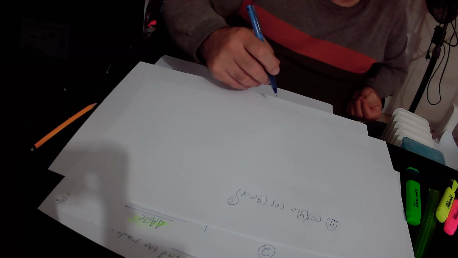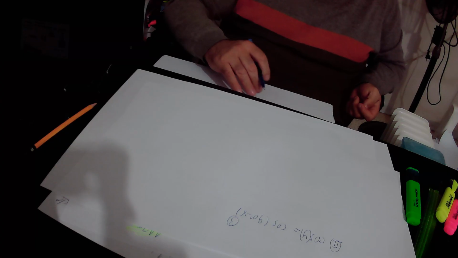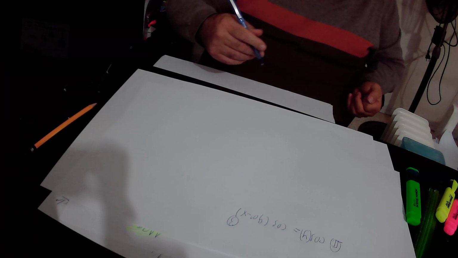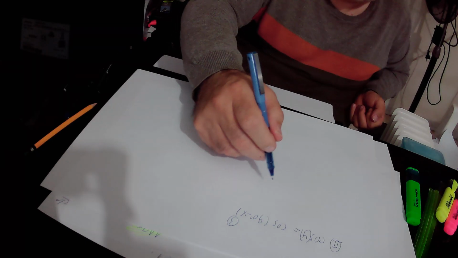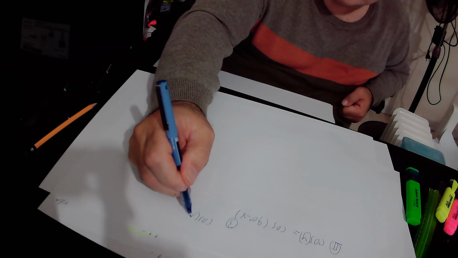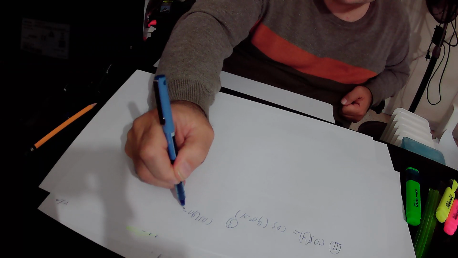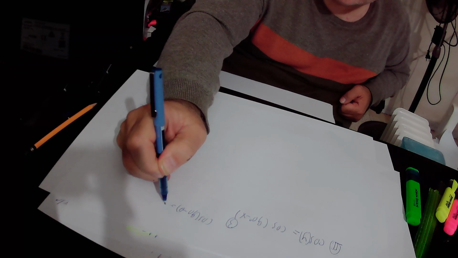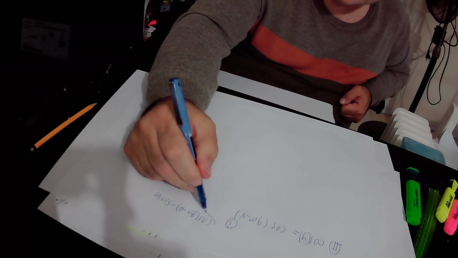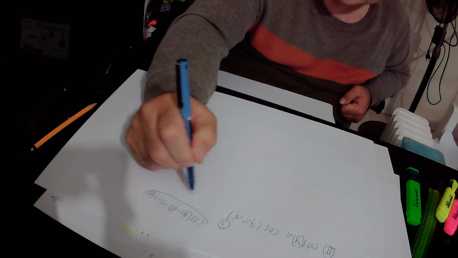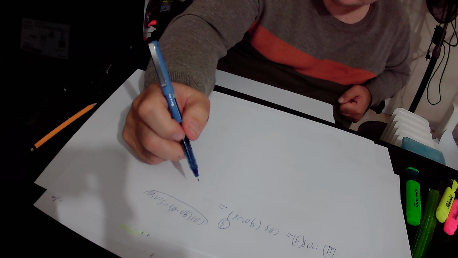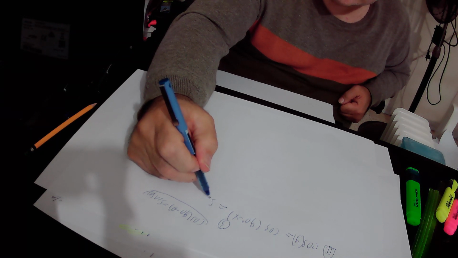And according to the trigonometric identity that cosine of 90 degrees minus theta equals sine theta, we get that cosine of 90 degrees minus x equals sine x.